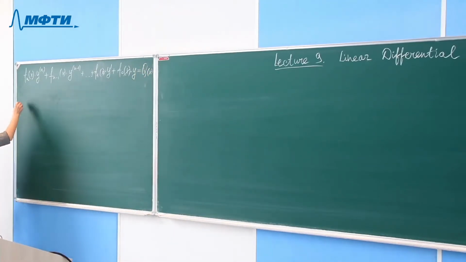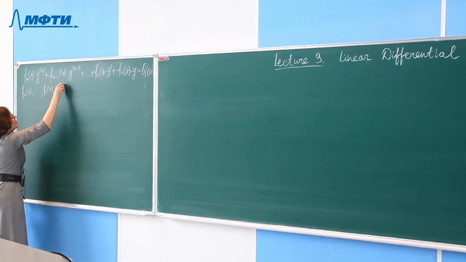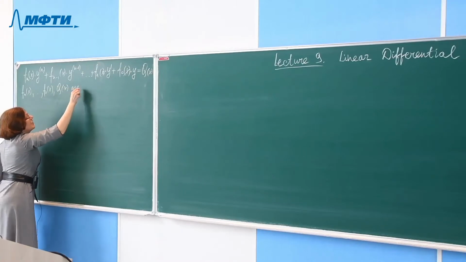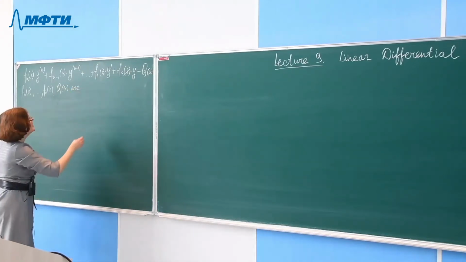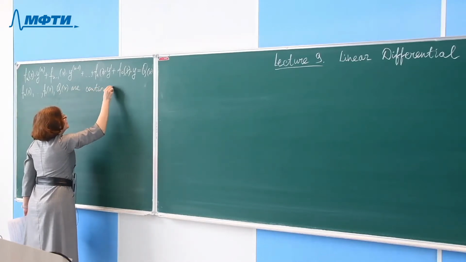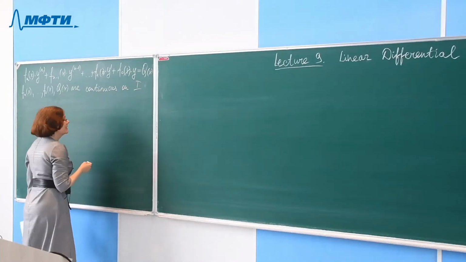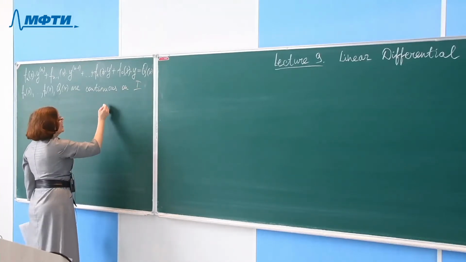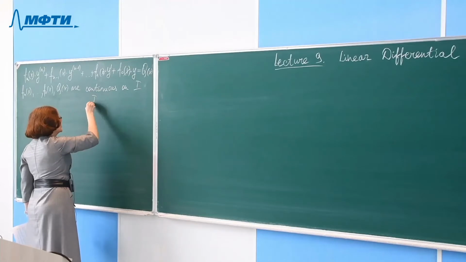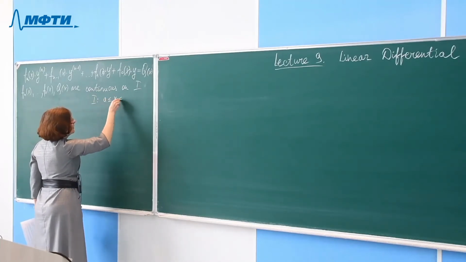And we assume that the functions fn of x and so on, f0 of x and q of x are continuous on some interval I. I is an interval for the x, so x is between a and b.